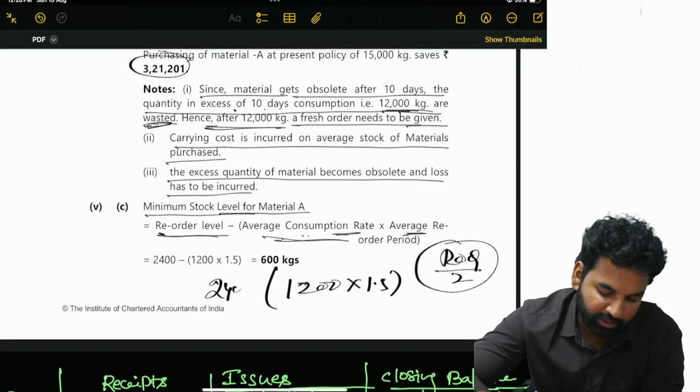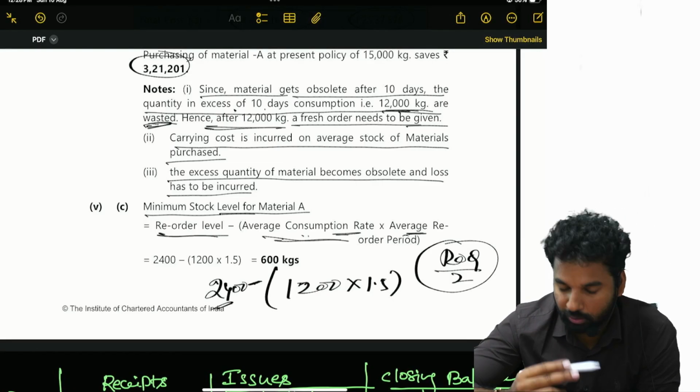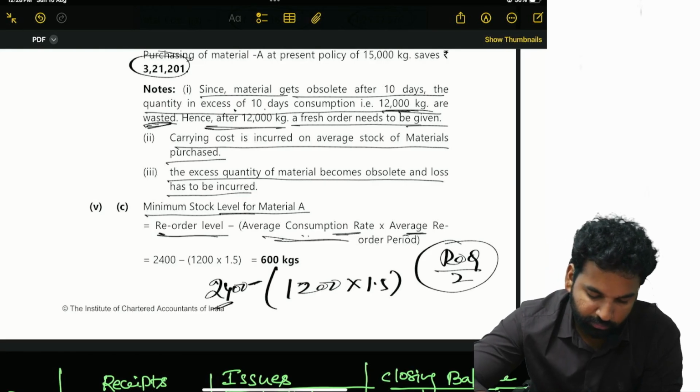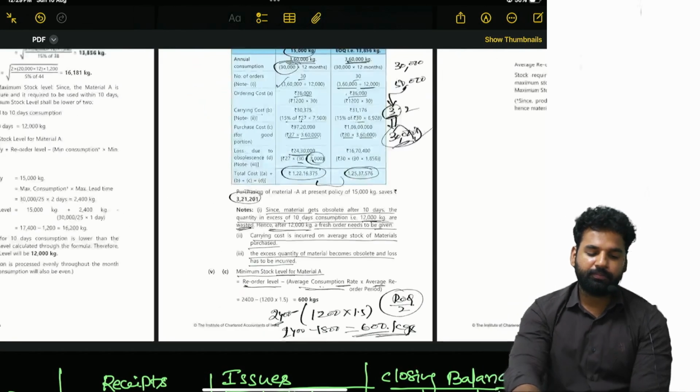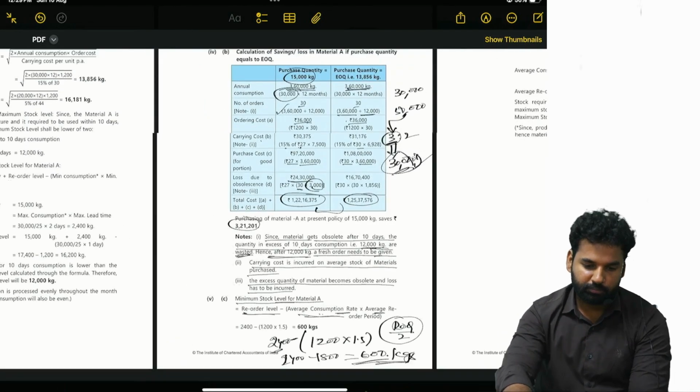So 2400 is the reorder level, as we have seen. 2400 minus 1800, which is equal to 600 kgs. So 600 kgs will be your minimum stock.